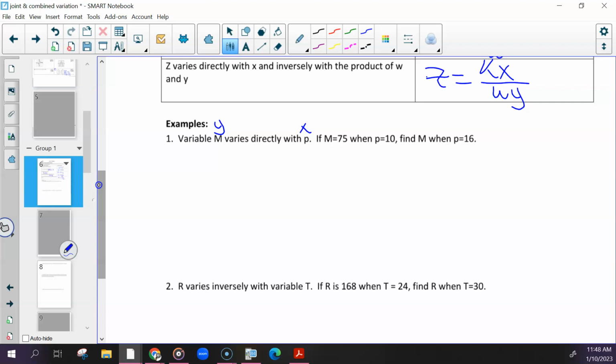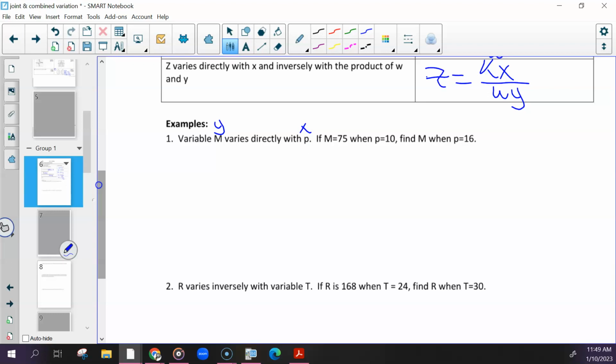If that's the case, how would we set up this equation? So not with the numbers yet, just with the variables, how would we set up that equation? But with the variables they gave us, not the y and x. But instead of using y and x, use m and p?